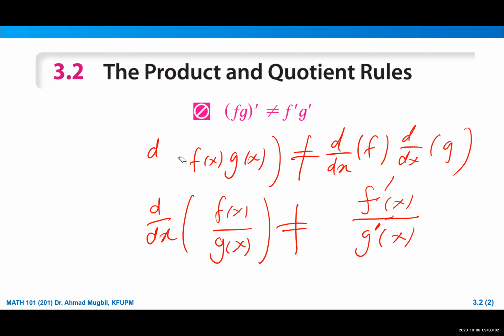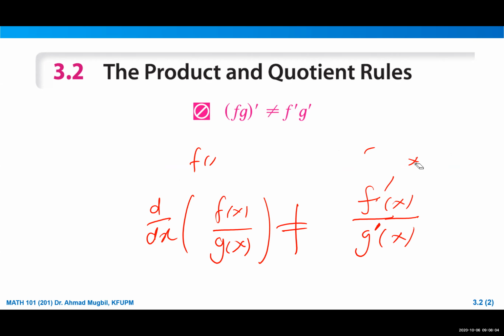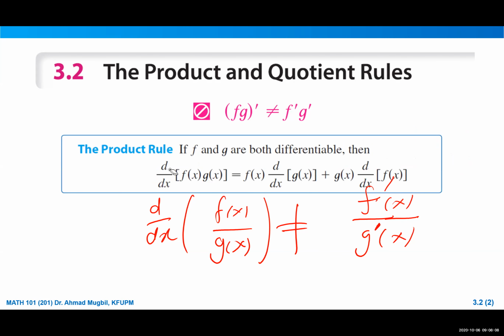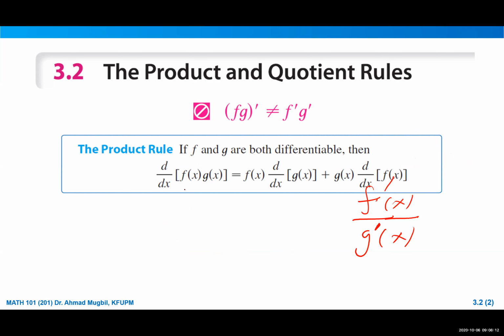What is true is that the derivative of the product is the first one multiplied by the derivative of the second one plus the second one multiplied by the derivative of the first one.